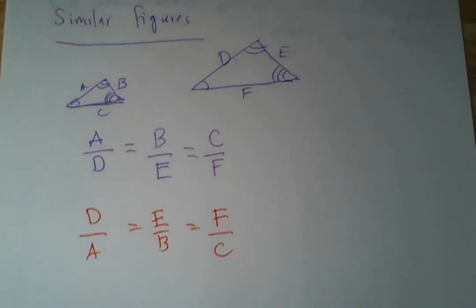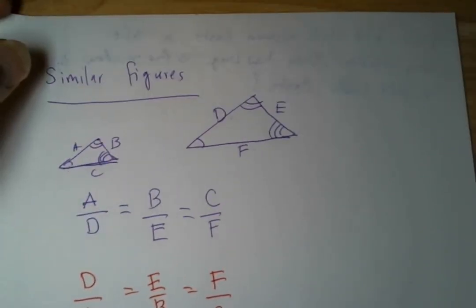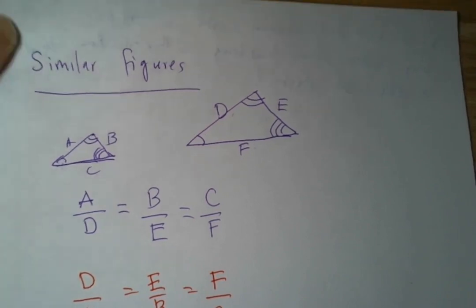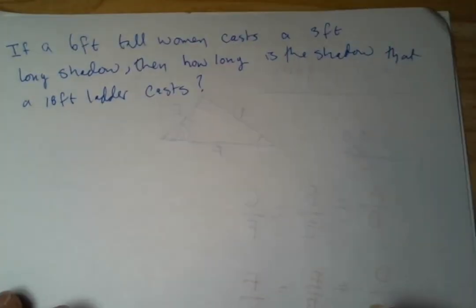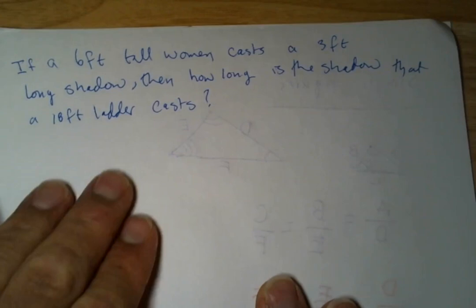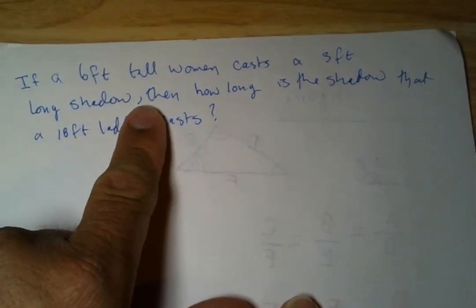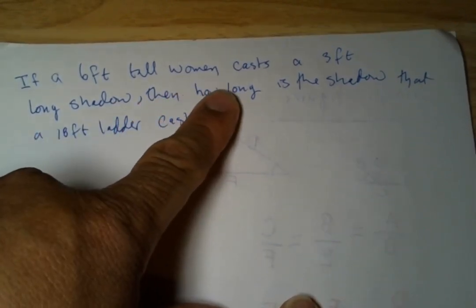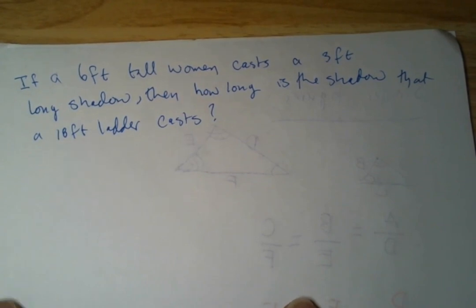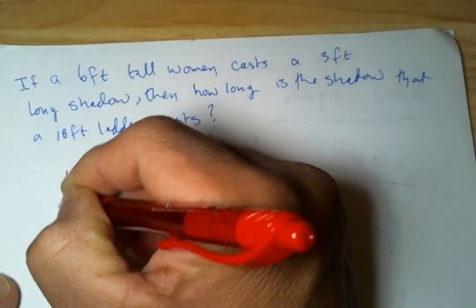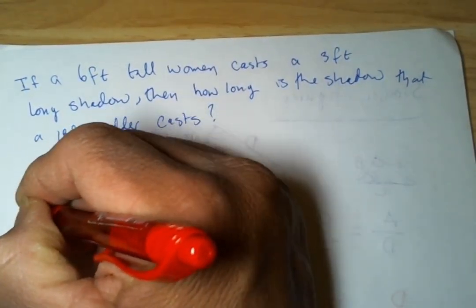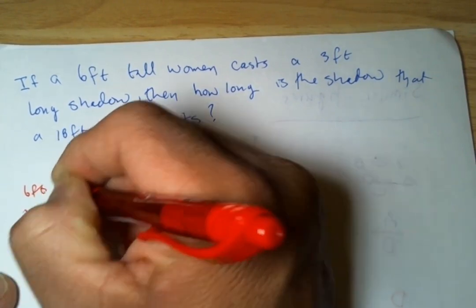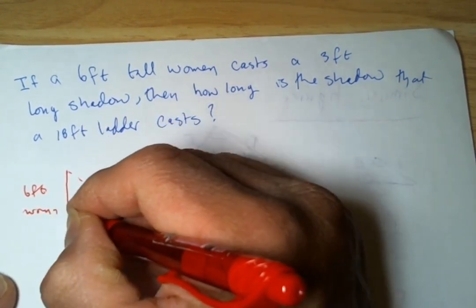All right, so now let's take a look at a word problem where we're going to use a similar figure. It states: if a 6-foot tall woman casts a 3-foot long shadow, let's say the shadow's on the ground here.